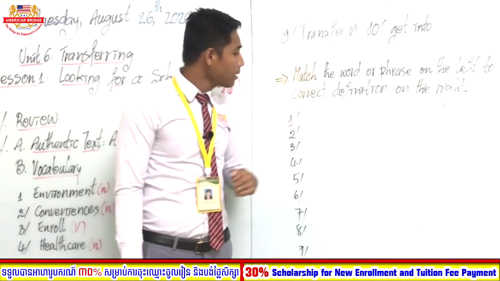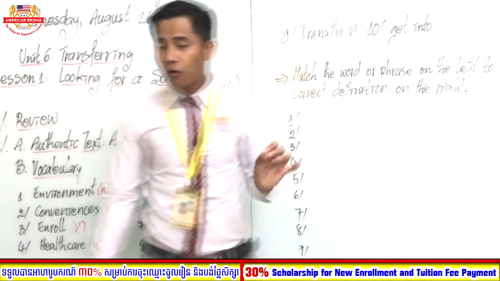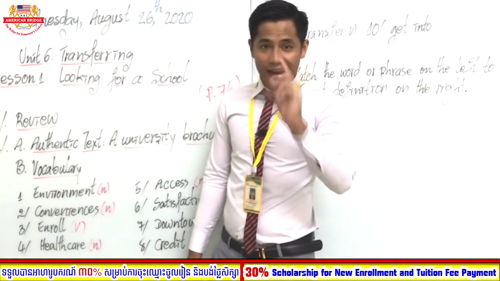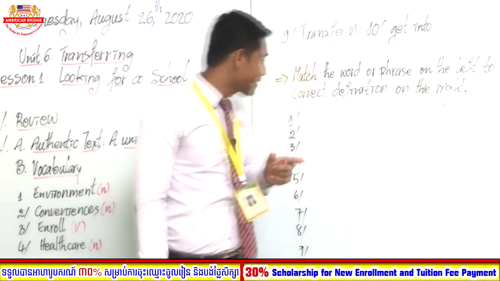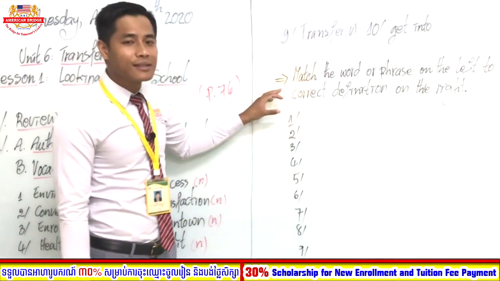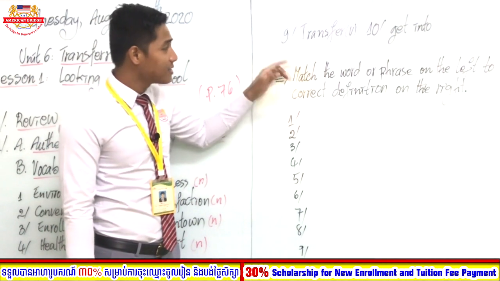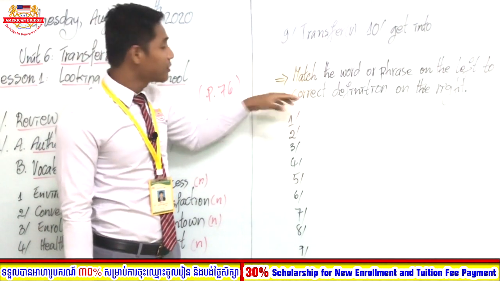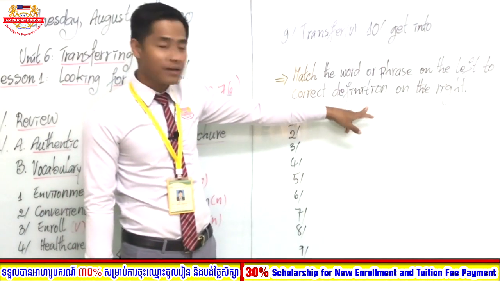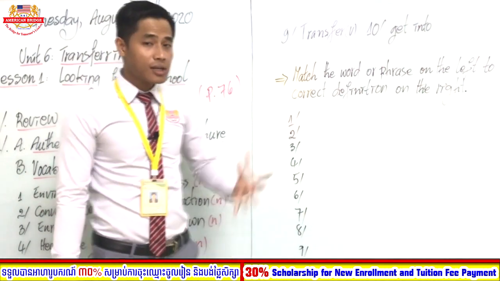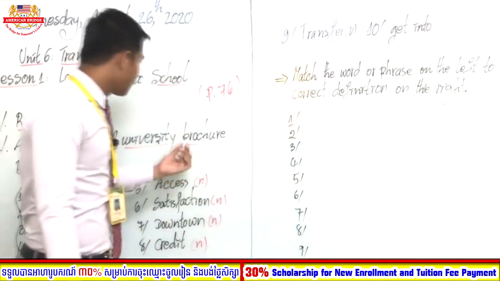Okay. Good, students. So now that's all for the vocabulary, and the last activity that you have to do right now is to match the word or phrase on the left to the correct definition on the right. The definitions are on page 76.